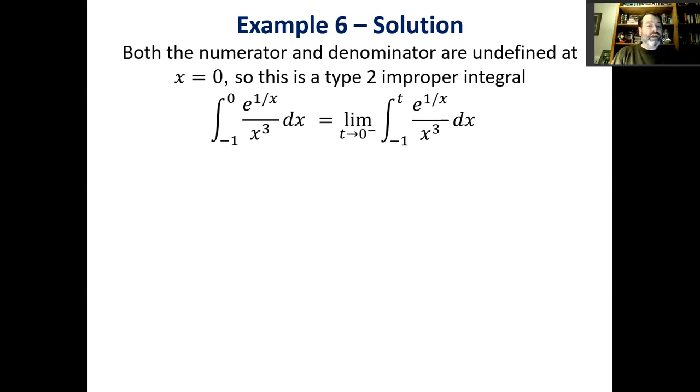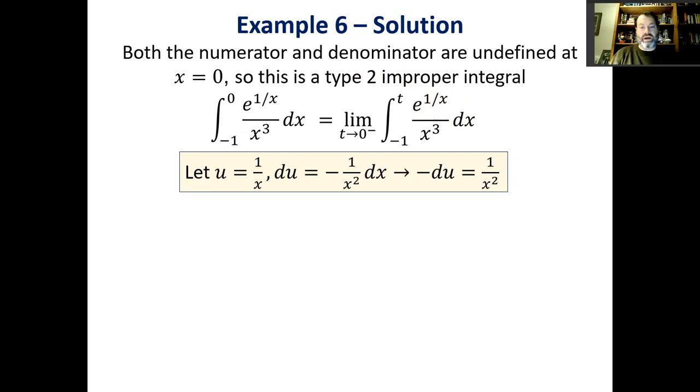Now we have to figure out how to do this integral. It is not clear at all what the substitution is or anything. And you might say, well, if I do u is 1 over x, then du is -1 over x squared dx, and negative du is 1 over x squared.